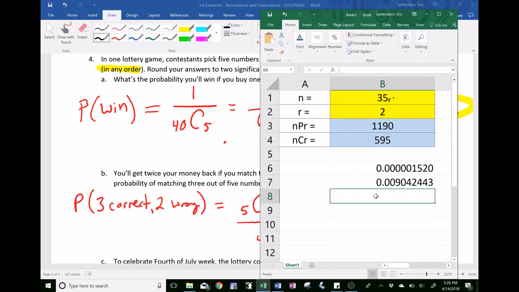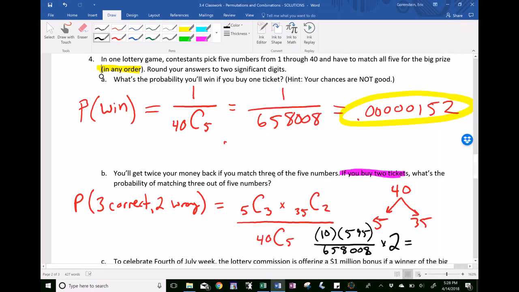So that's the probability of choosing 3 correct. And let's take this number and double it. So 0.018. We can leave it at that, 0.018. So that's the probability of winning twice your money back if you buy 2 tickets.